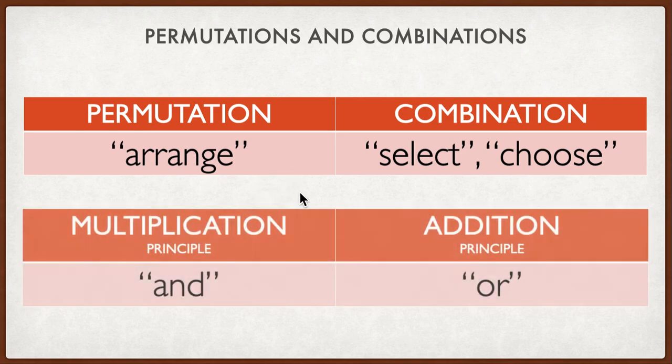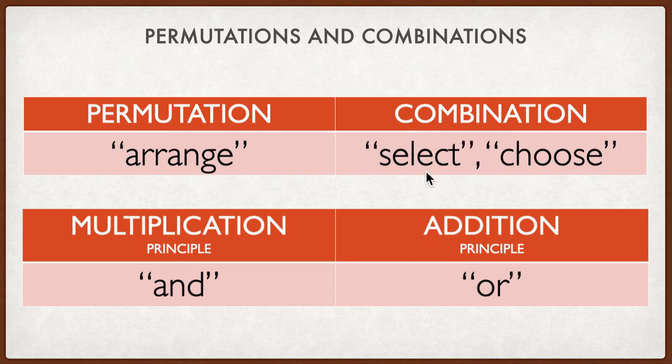And furthermore, for our multiplication principle and addition principle, which is a little bit farther away from our batch of videos here, we want to emphasize that we use the keyword and for the multiplication principle, and we use or for the addition principle. Make sure that you have this copy. This is very handy when it comes to examinations, tests, and quizzes, especially in combination and permutation.